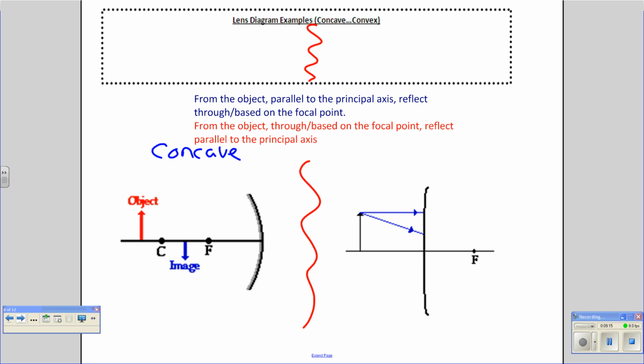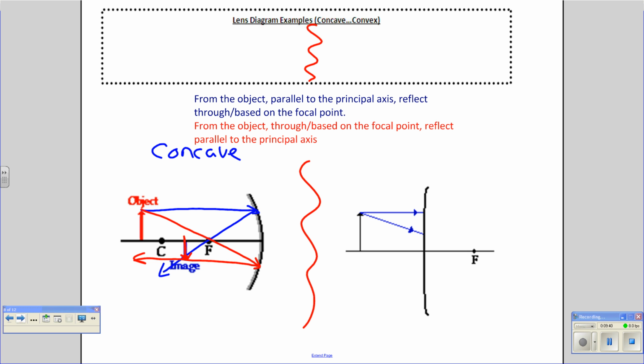Okay, number one, object goes in parallel, or the light ray, light goes in parallel, out through the focal point. Number two, in through the focal point, out parallel. So where those two points meet is your image.